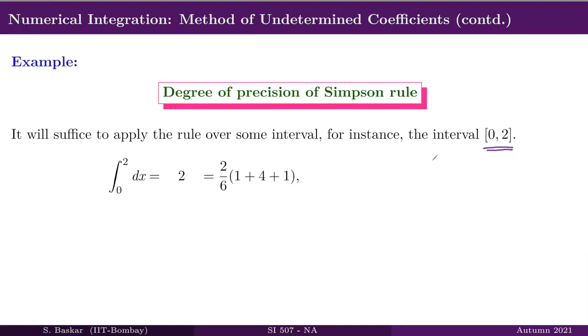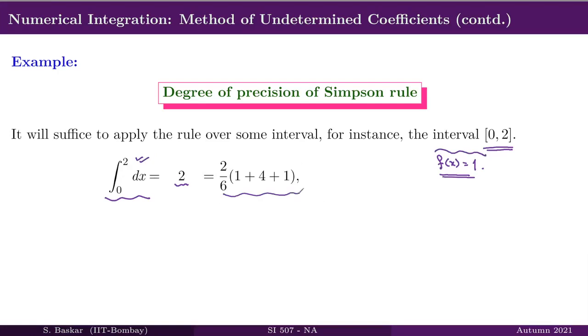And with that, first I have to take f of x equal to 1, put it on one side, that is integral 0 to 2 f of x dx. Since I have taken f of x as 1, it is integral 0 to 2 dx, and that gives me the value 2. Just direct integration gives 2. Put the same function f in your Simpson's rule.